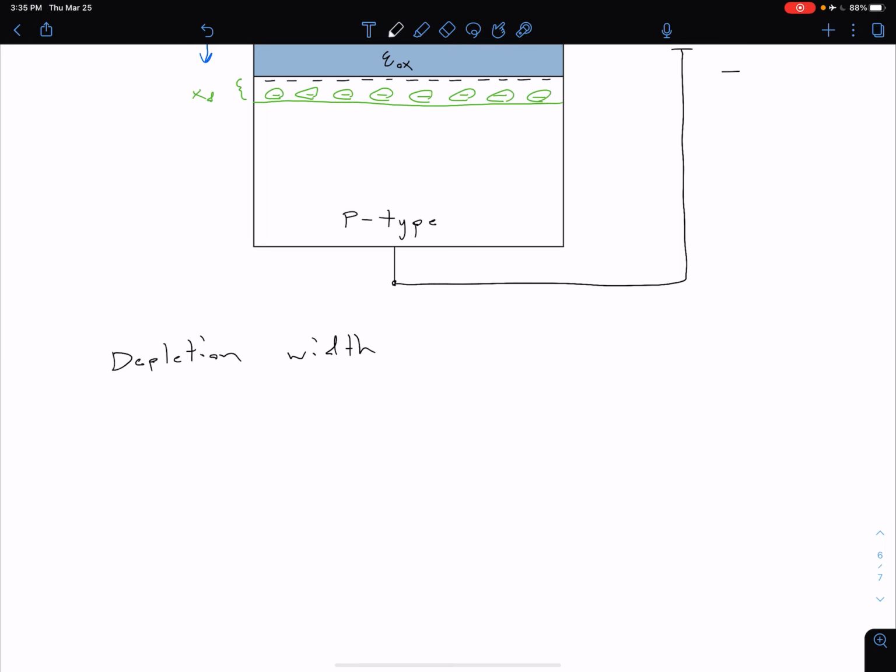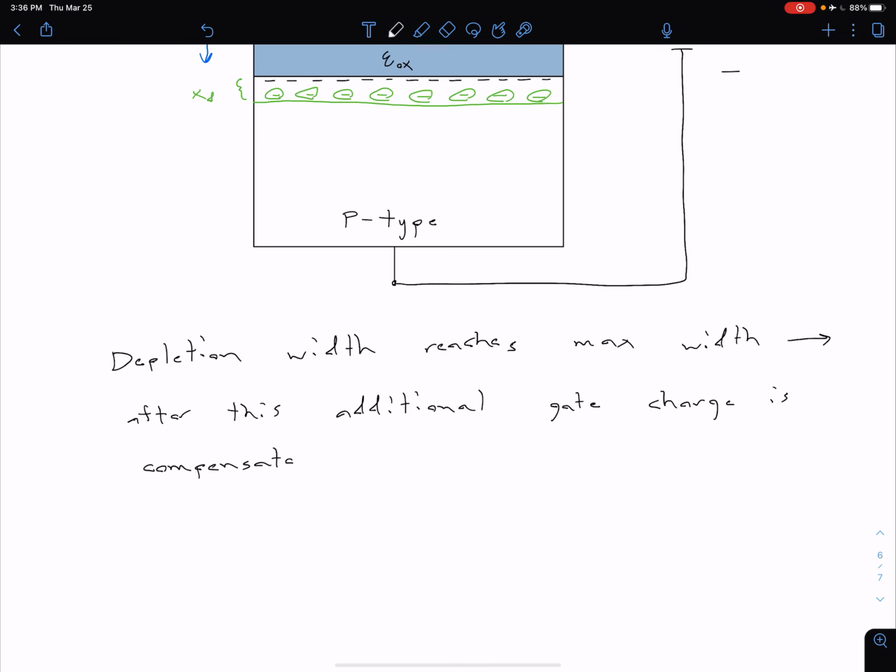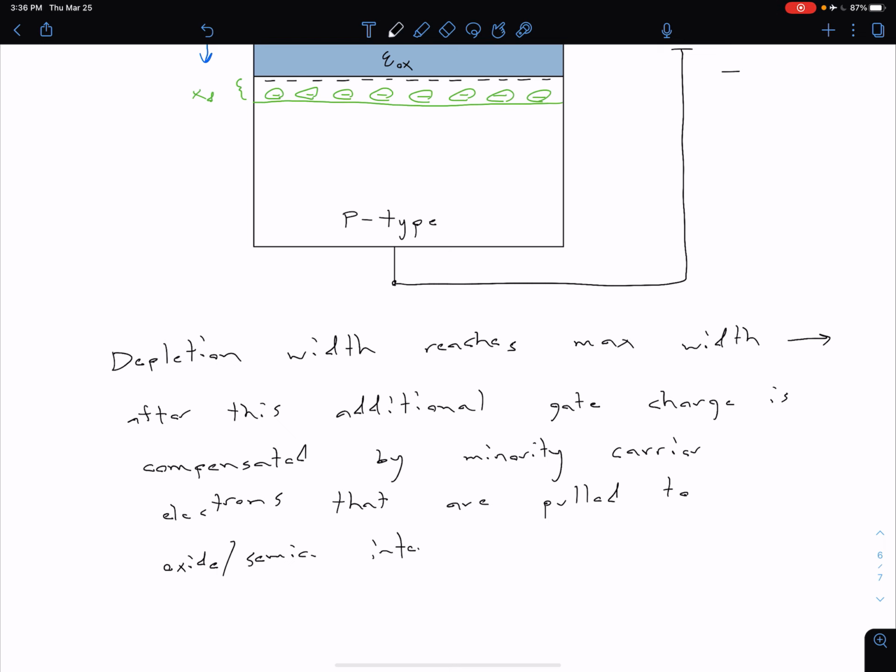Basically all the things we said in the previous mode happened, but now our depletion width reaches some max value, reaches max width, and after this, additional gate charge is compensated by minority carrier electrons, those free electrons in the p-type material, that are being pulled up to that interface, our oxide-semiconductor interface.